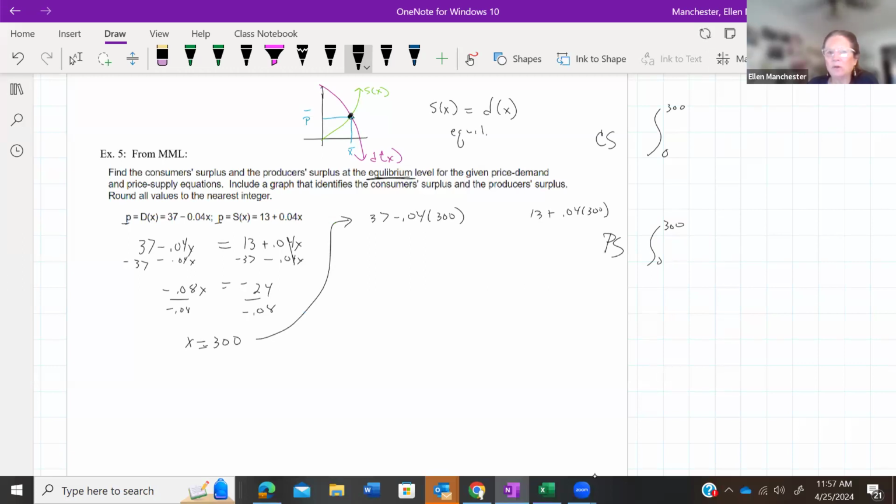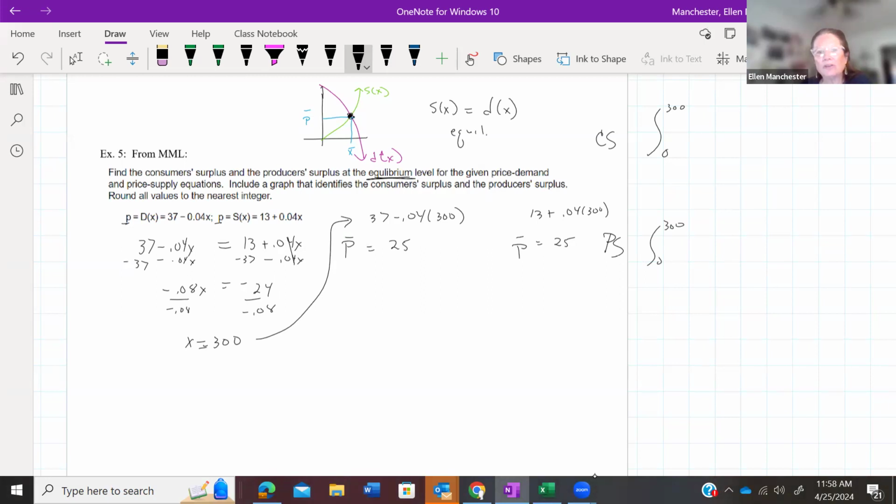It doesn't matter which one we plug it into, because it's equal. So if I do 37 minus 0.04 times 300, I get 25 here. If I plug it into the other one, 13 plus 0.04 times 300, I get 25 here. So my price is 25 for either one, because it's the same thing for both functions.